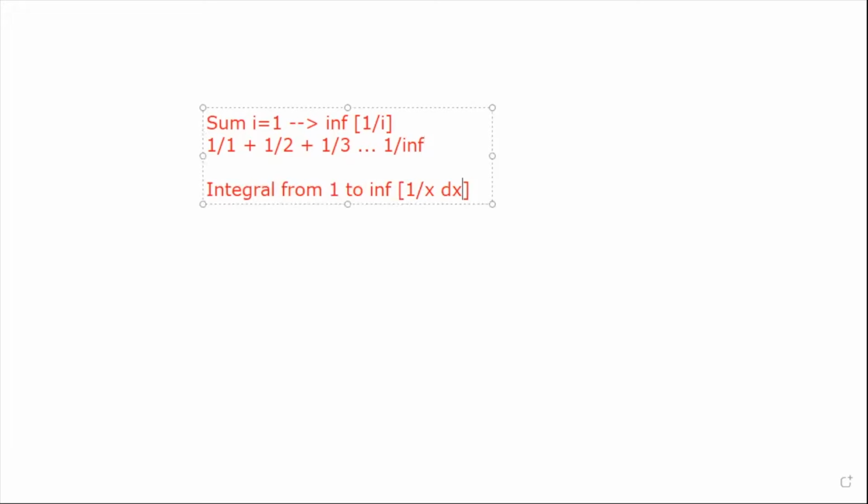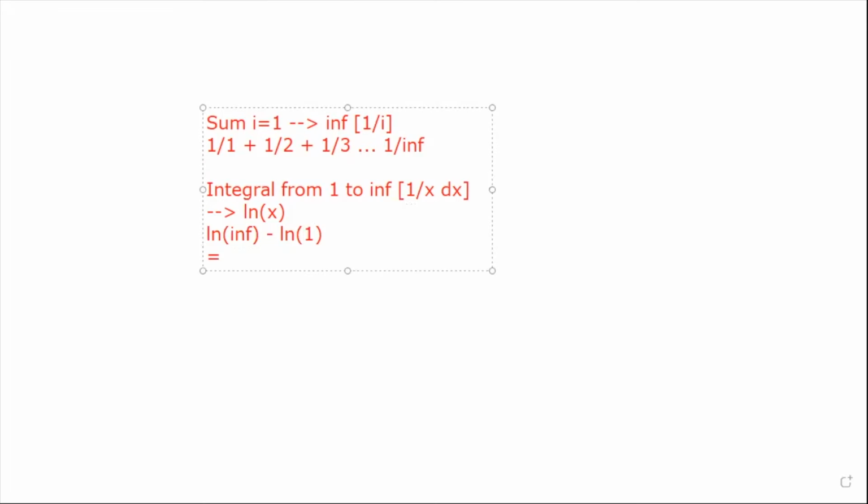So now, once we do this integral, we note that this 1 over x is going to go to, remembering our basic integral rules, natural log of x. And let's just plug in infinity and 1. So we have natural log of infinity minus natural log of 1.